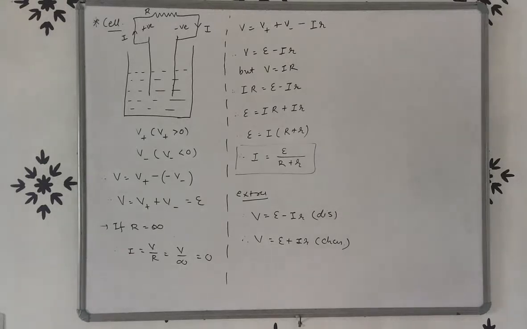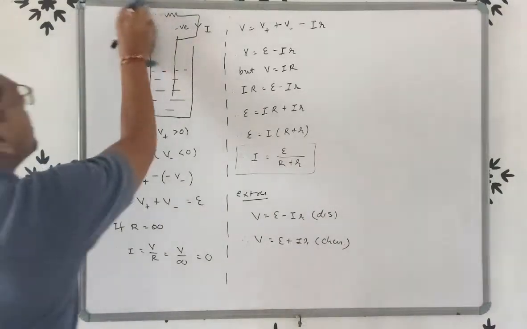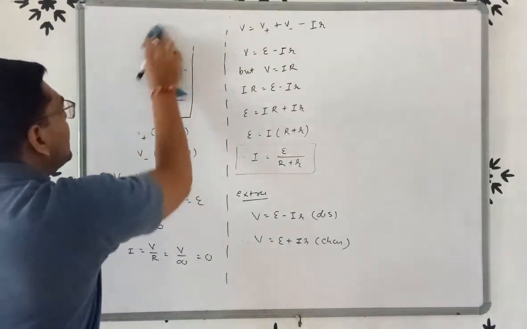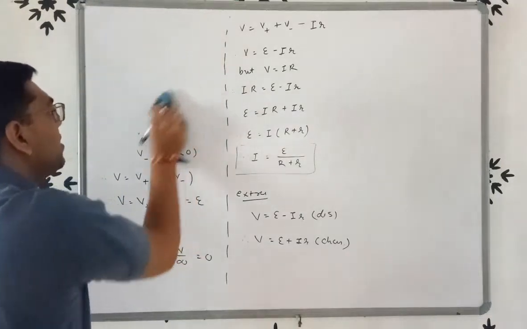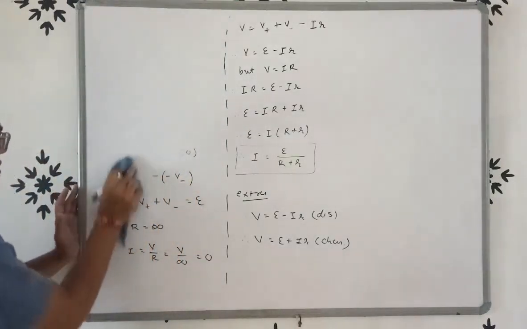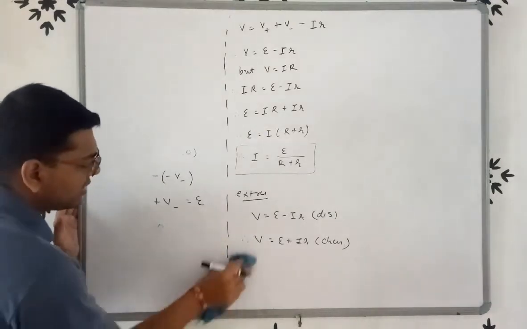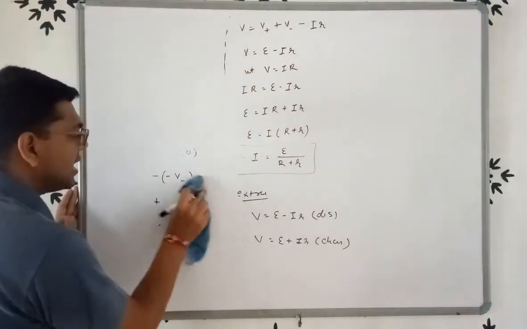Right? Now we will discuss the combination of cells. And the combination of cells is, we can connect the cells in series or in parallel. So now we will discuss the parallel and series combination of cells.